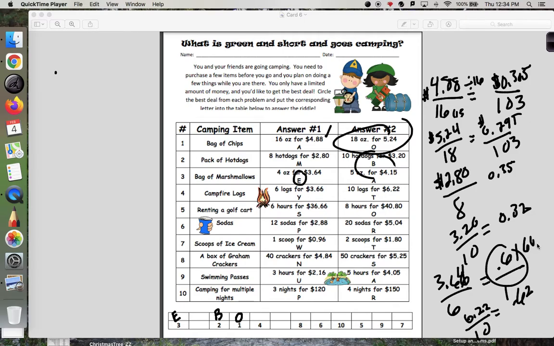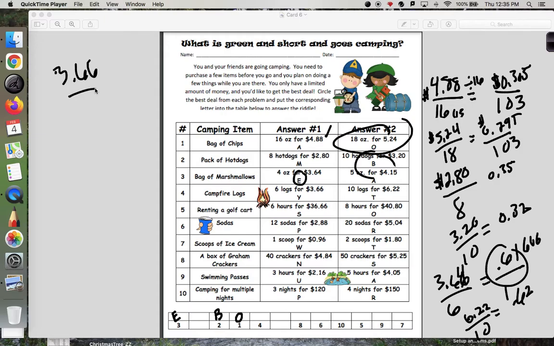So it's even better deal. It's a little bit more than 60 cents. So we're looking for the smallest number of cents per unit. All right, so let's keep going.